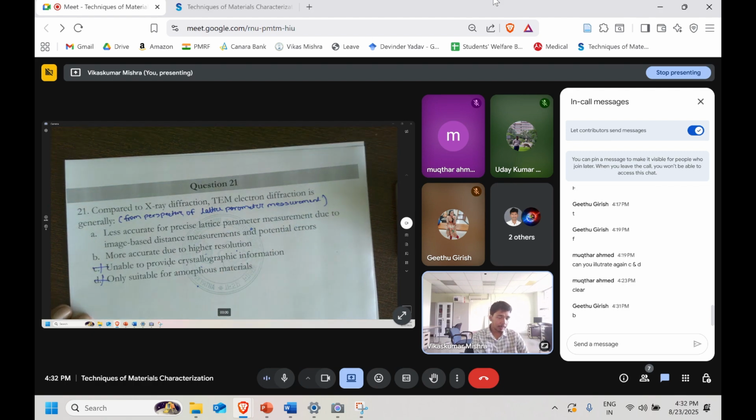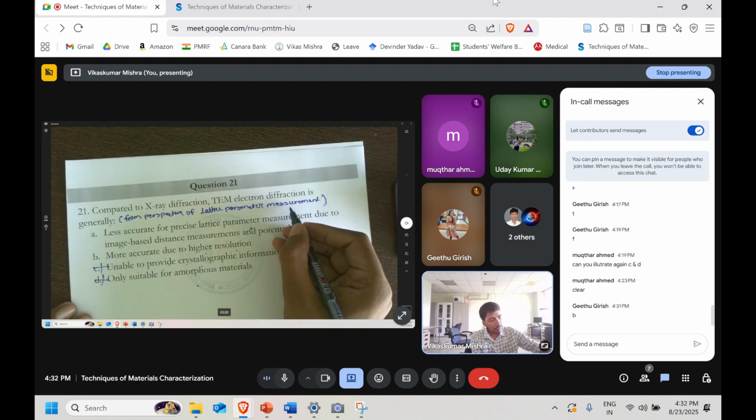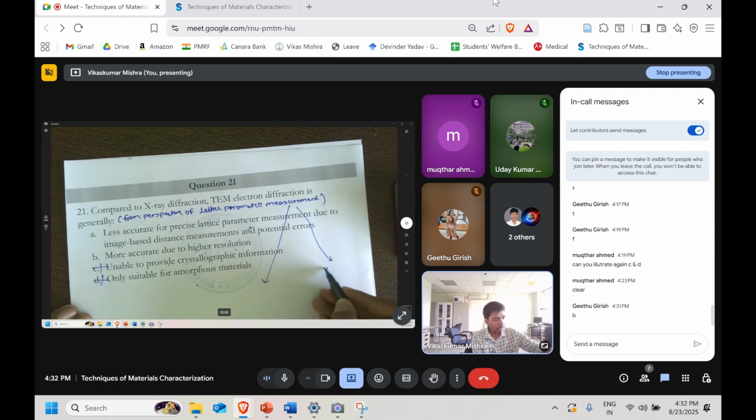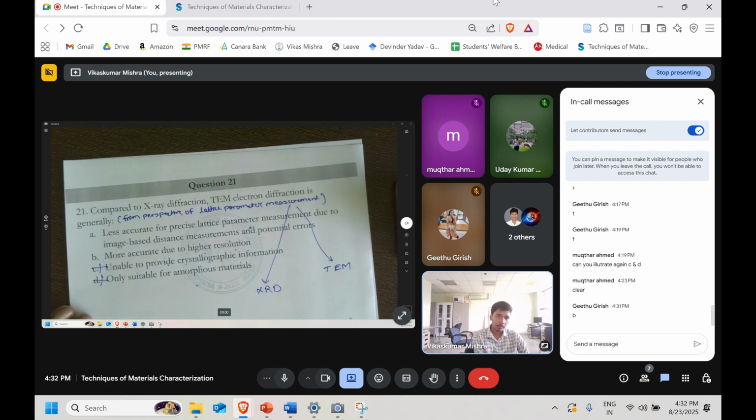When we are talking about lattice parameter measurement, which technique should you use? Whether you should use TEM or you should use XRD. The right answer is XRD, not the TEM.